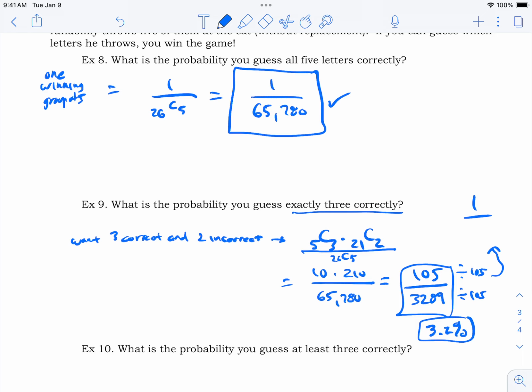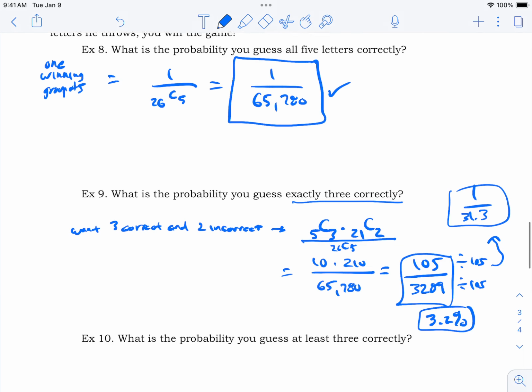So now I have to take 3289 and divide by that 105. It's something like a 1 in 31.3. 1 chance in about 31, 32. 1 chance in about 31.3. Okay. Cool. A lot easier.